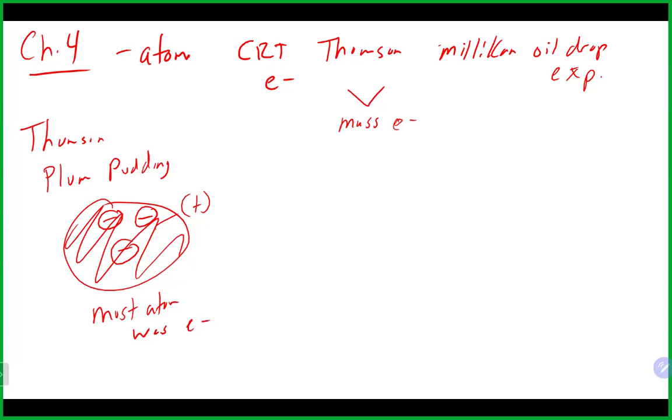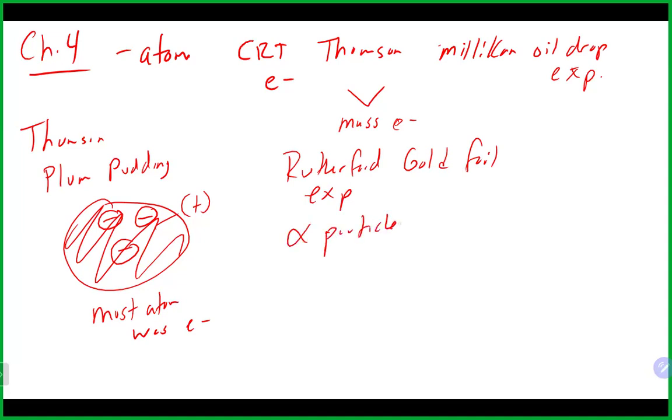And again, this was sort of the accepted model of the atom for a bit until really the next major sort of experiment that we talked about, which was Rutherford's gold foil experiment. And Rutherford's gold foil experiment, right, he shot alpha particles at pieces of gold foil.